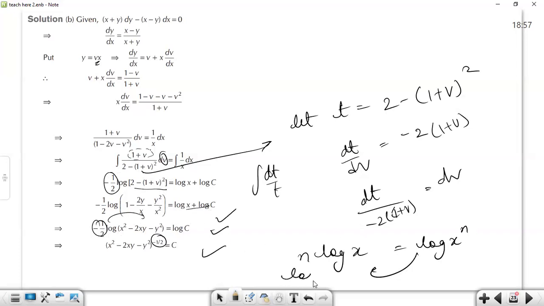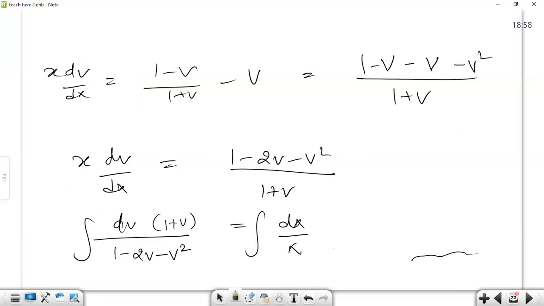There's another property, log of m plus log of n is equals to logarithm of m into n. So they have multiplied the x and c here, and I guess there is a misprint also. Here should be logarithm of xc, and here also should be xc. Let me check.